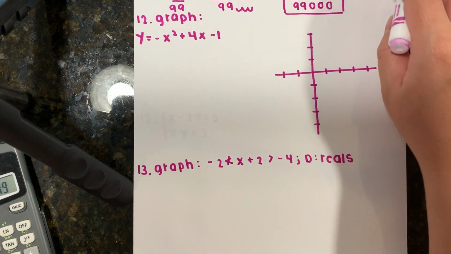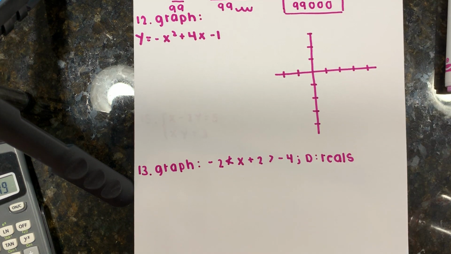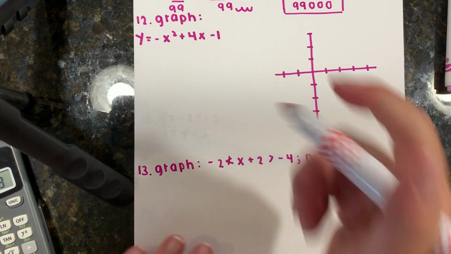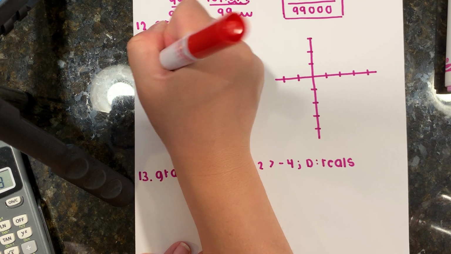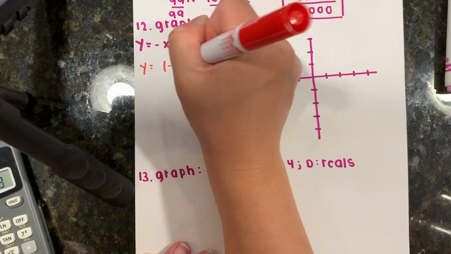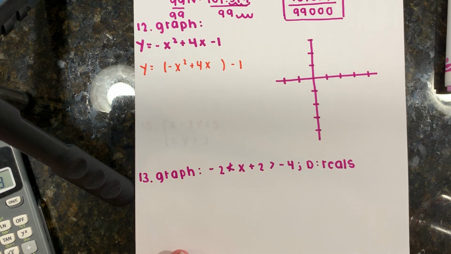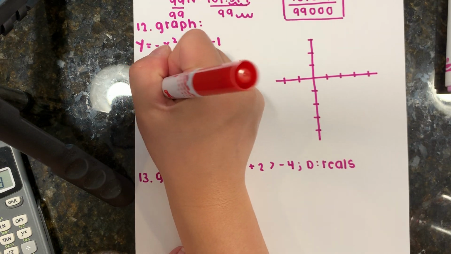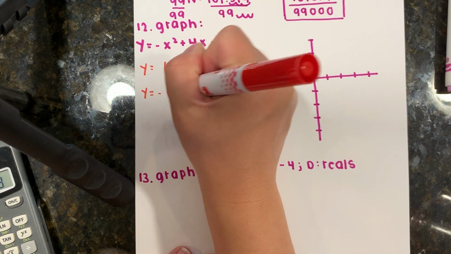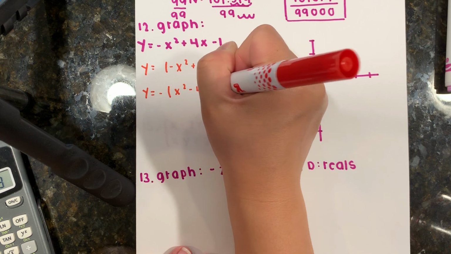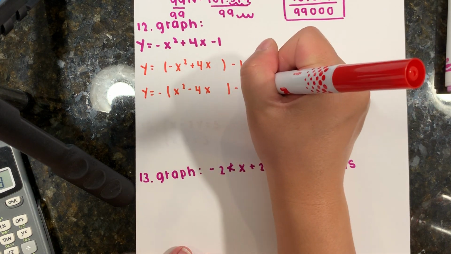Now looking at number 12, the first thing I have to do is put all of my x's in parentheses. So I have y equals negative x squared plus 4x minus 1. I have to factor out the minus 1 to make this x squared minus 4x, minus 1.